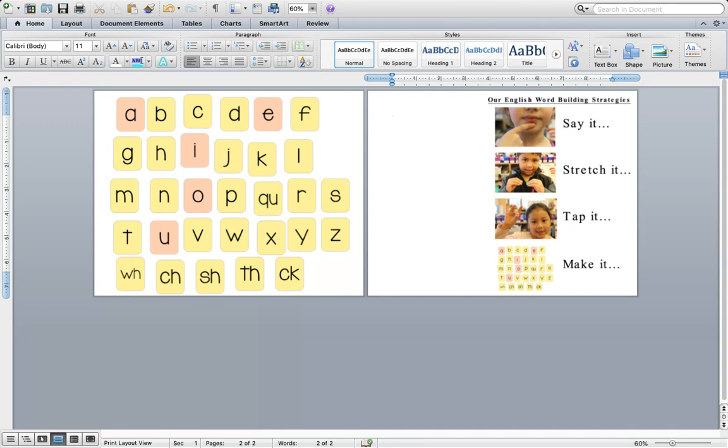Now we're going to tap it out, but remember, there are 4 sounds. Let's tap out the word broth. Here we go. B, r, ah, th. Did you catch that? Let's do it again. B, r, ah, th.